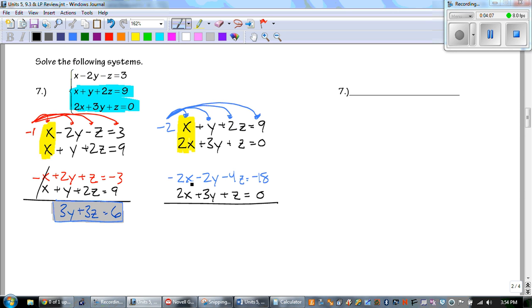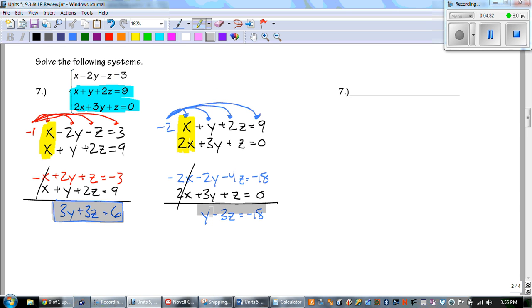And hey, look, just like we wanted to, my x's cancel out. What are we left with? Well, -2y plus 3y gives us y. -4 plus 1 is -3z. And then -18 plus 0 is -18.